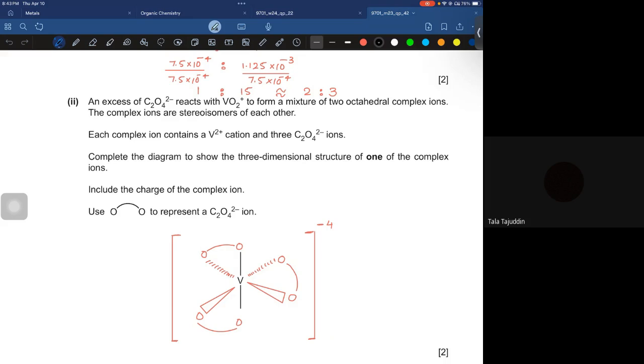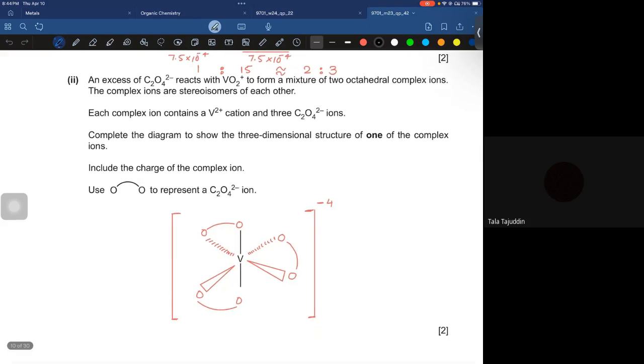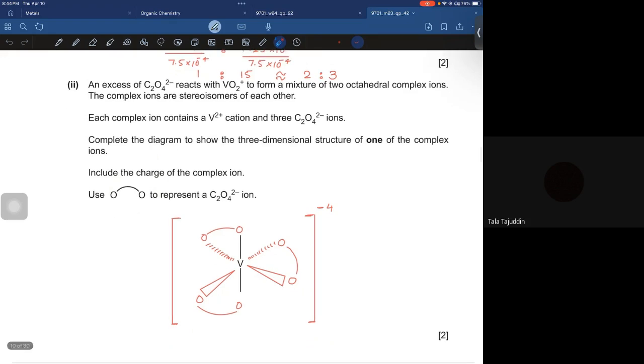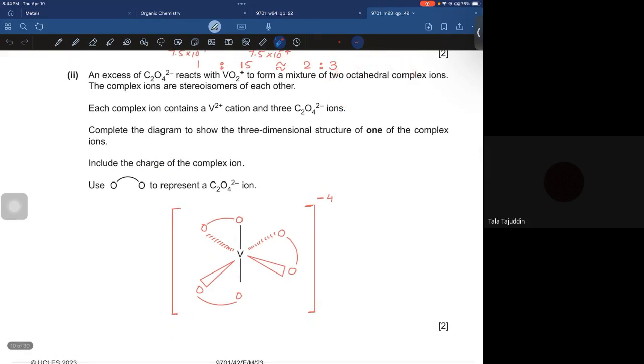Include the charge of the complex ion. As you can see, this O–O is a bidentate ligand. Each bidentate ligand is going to donate two lone pairs of electrons and make two dative bonds. So with three C2O4 2- ions, that is three ligands, there would be overall six dative bonds. Of course, the coordination number would be six. That's the reason it's an octahedral complex.